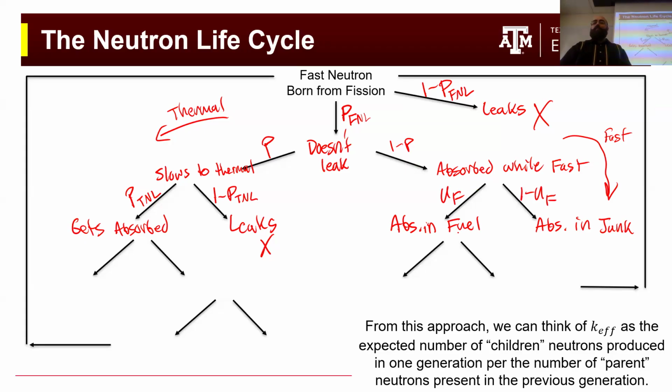Continuing from the fast branch, we were absorbed in the fuel. So if we're absorbed in fuel, we have two options. Either we're absorbed in the fuel and we cause a fission, or we're absorbed in the fuel, but we don't cause a fission. So this is going to be fissions, and this is going to be does not fission.